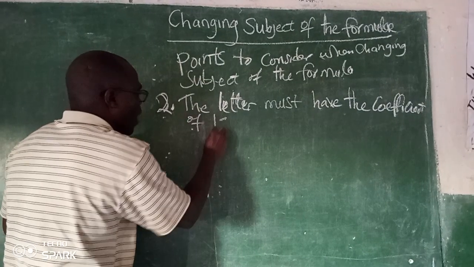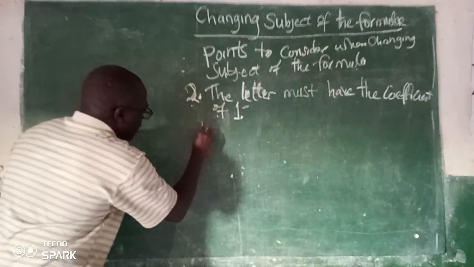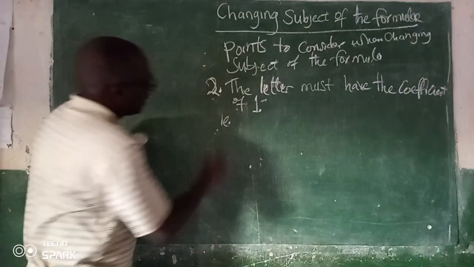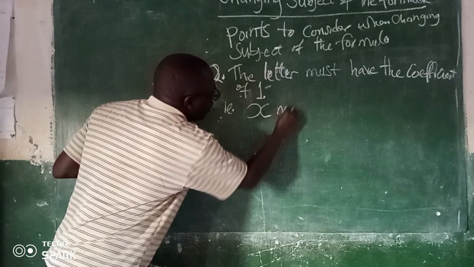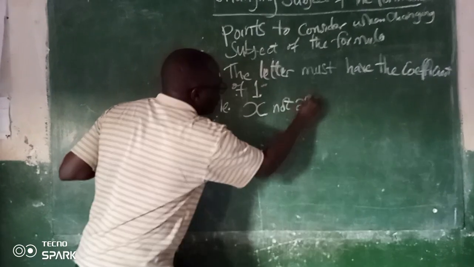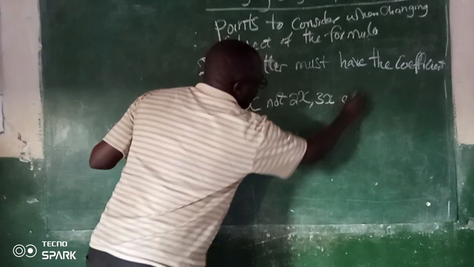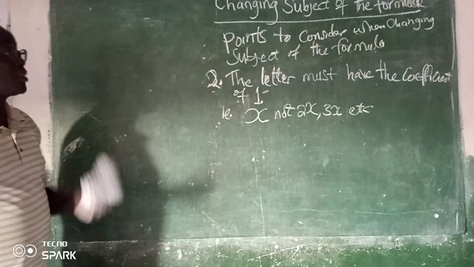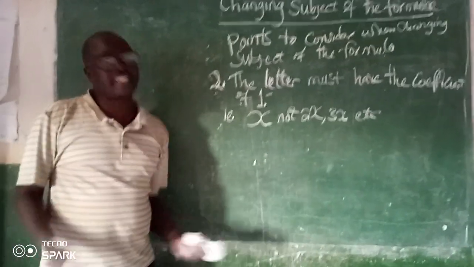I.e., if the letter is X, it must be X, not 2X, 3X, etc. Somebody out there is asking, what is a coefficient?